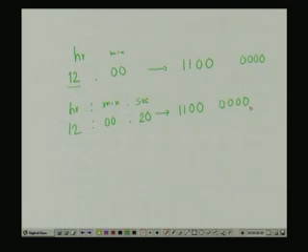That means, by 4-bit numbers I cannot represent 20. For 20 I need 5 digits. So, I am taking 1 0 1 0 0.